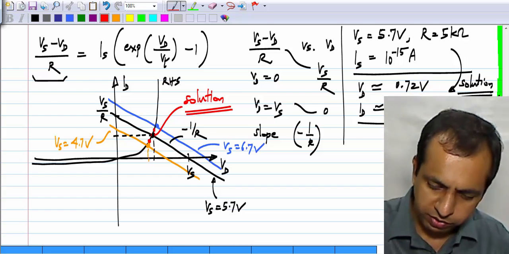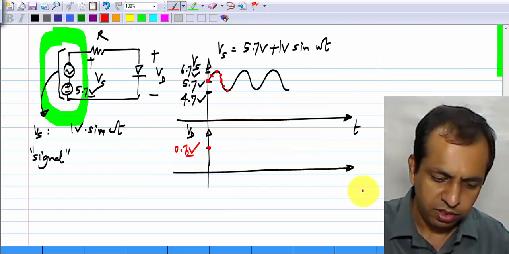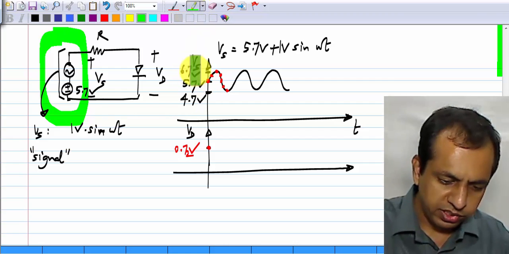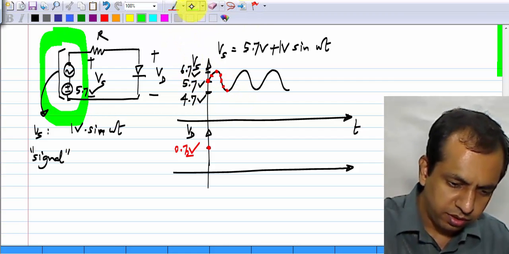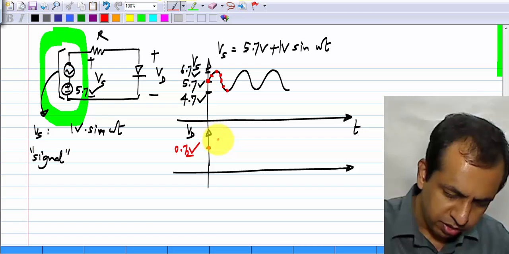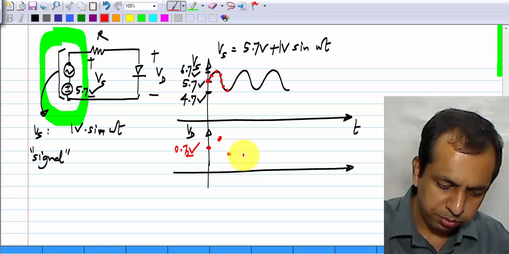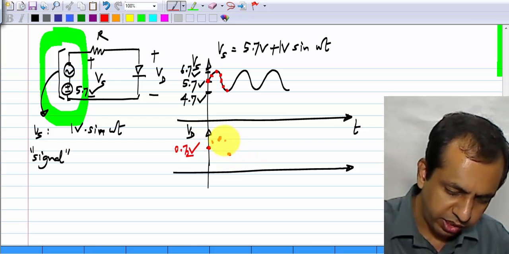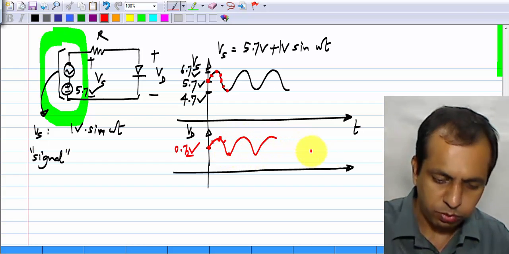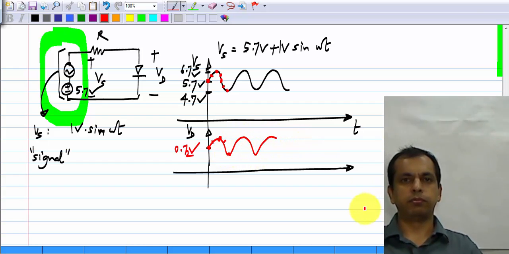Okay. And when it is 6.7, you can calculate it numerically. It turns out to be something slightly higher, and for 4.7 it will be something slightly lower, and you can calculate the intermediate points and find that the solution looks somewhat like that. Okay.